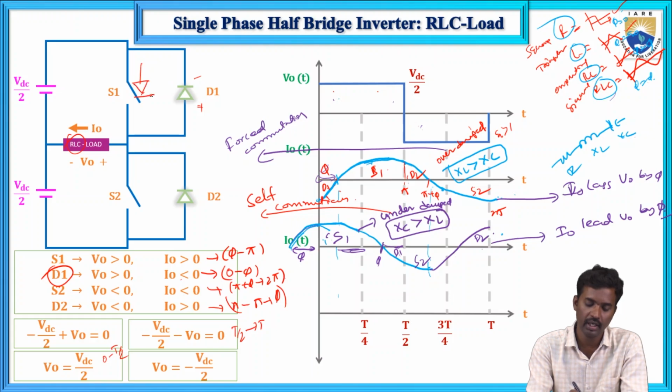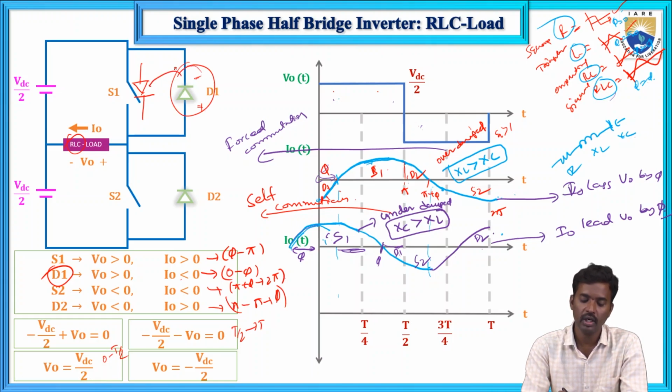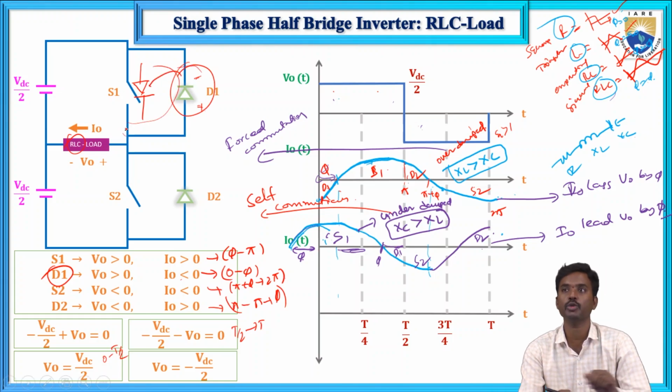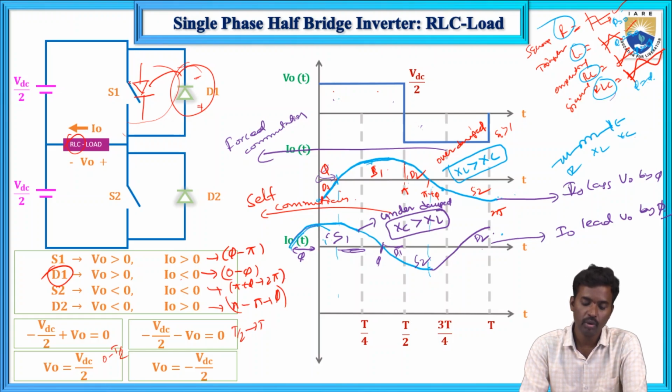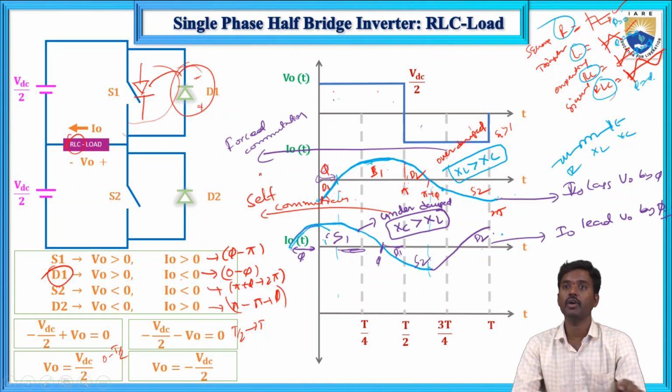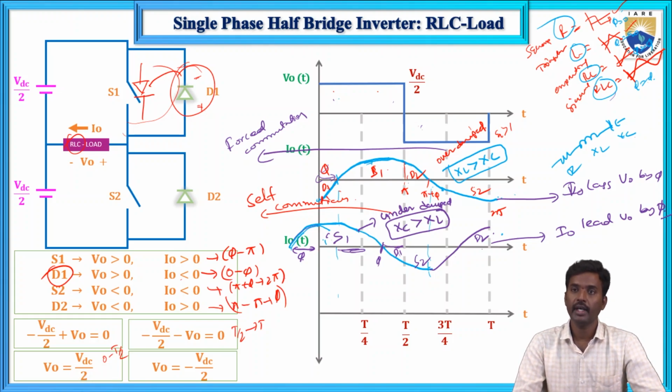So now this negative voltage is applied across this SCR. We are applying a reverse potential, and reverse potential means this SCR will be turned off. Here in case of RLC type of load, XC is greater than XL, self commutation is possible.